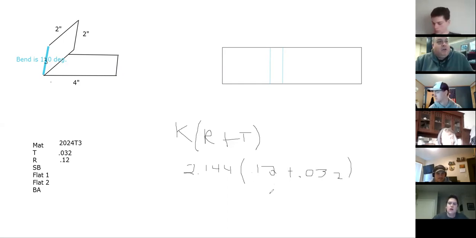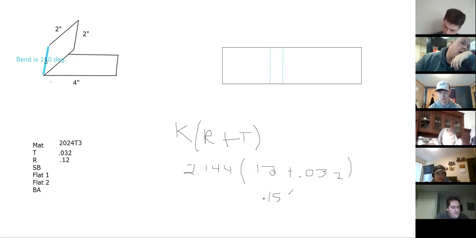Using PEMDAS, we're going to do the radius plus the thickness first, and what do you get there? 0.152. And we're going to multiply that by the K value, right?